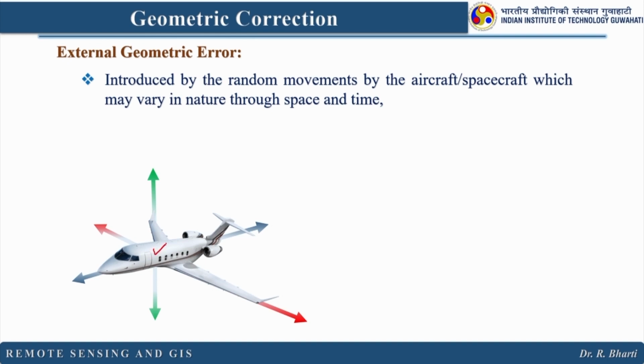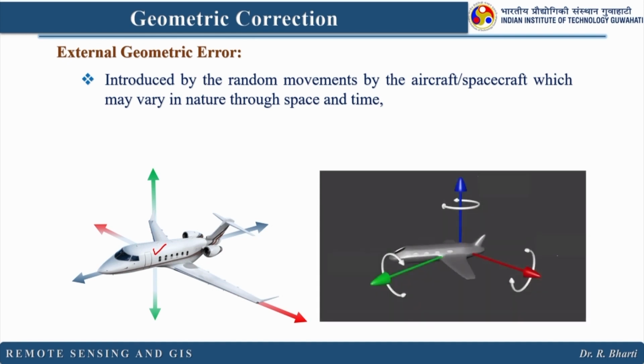So, you have x, y and z axis. Basically this plane can move in any of these 3 directions, right, and because of that there will be a change in the angle of the measurement, and because of that what will happen? You may have distorted images. I hope this is clear from this animation and the image.